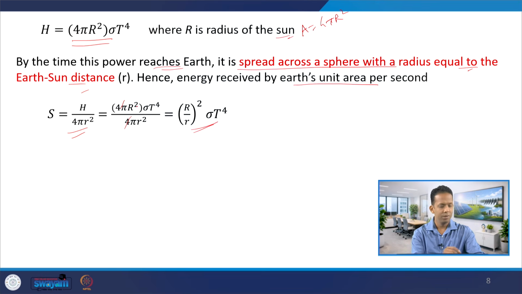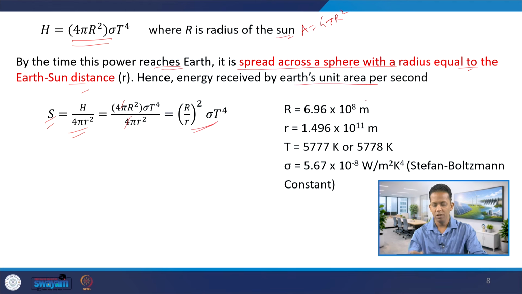Now in this, S is the energy received by Earth's unit area per second, and this is what is the solar constant also. So R, that is the radius of the Sun, small r the mean distance, sigma the Stefan-Boltzmann constant, and T the temperature. All four are universally known quantities.